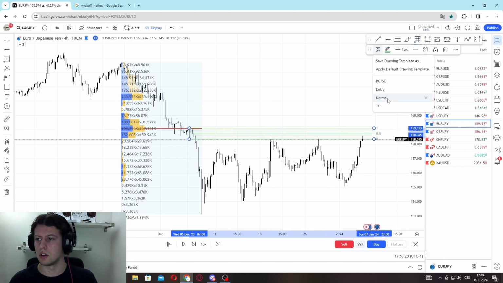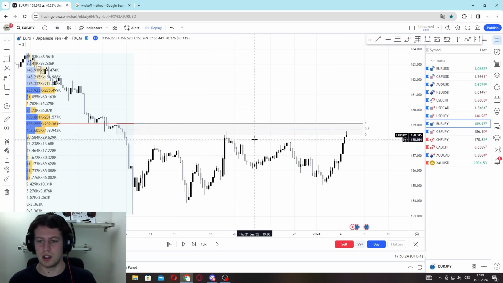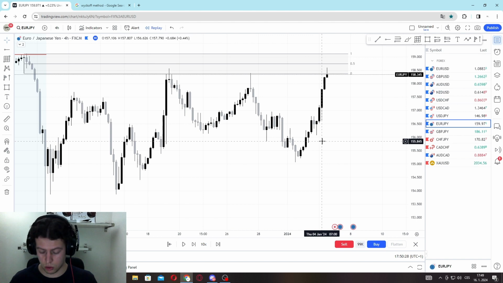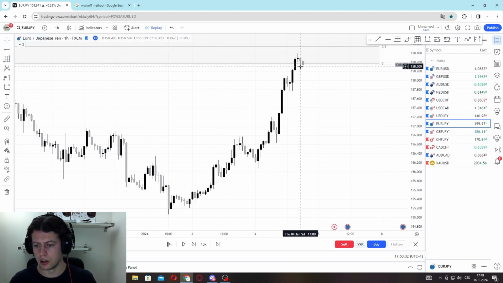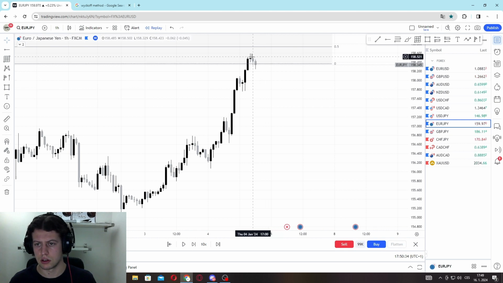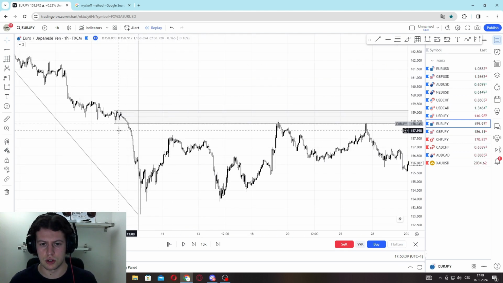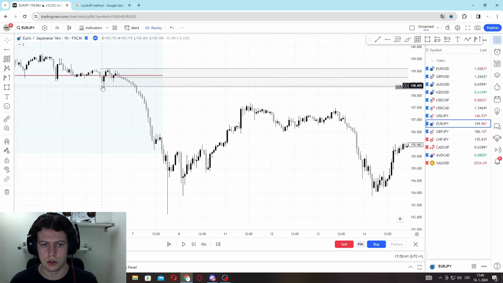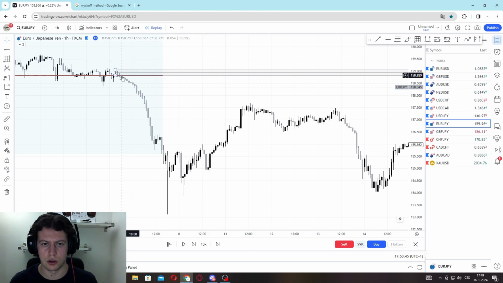This is normal, but we won't be interested in it now. I go on the 1 hour time frame. Yes, here we are. I will maybe just refine it. You can see that we have a nice zone right here.